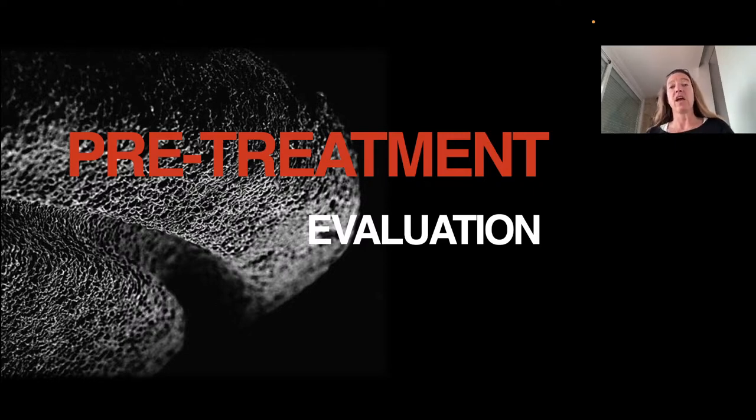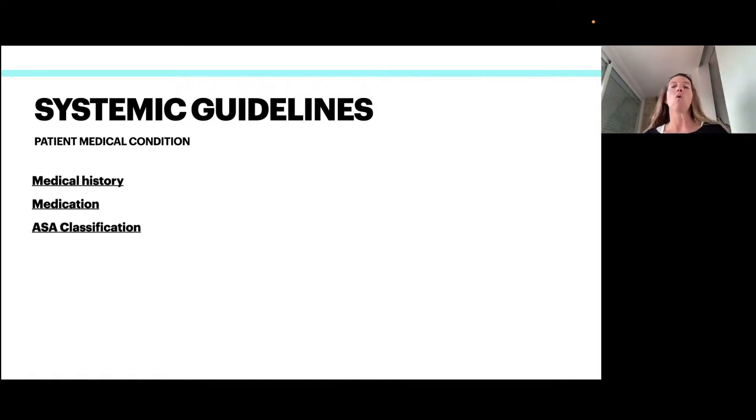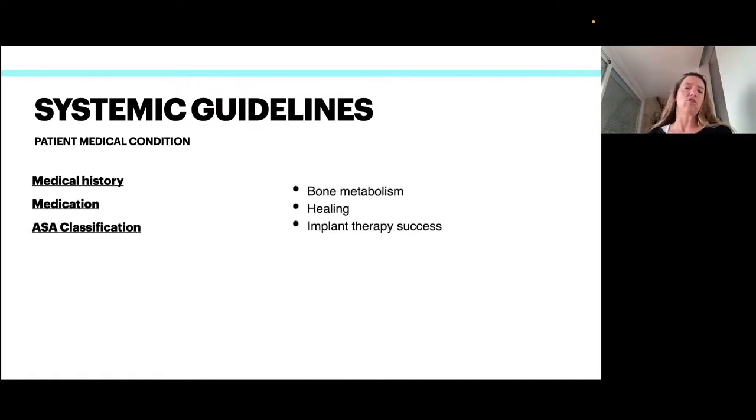Does he have any systemic condition that you have to be aware of, and you have to take care of before starting the surgery? So these systemic guidelines of the patient's medical conditions are very important, that you follow a good medical history of your patient, that you know all the medication that they are taking, and that you know in terms of ASA classification what type of patient you have.